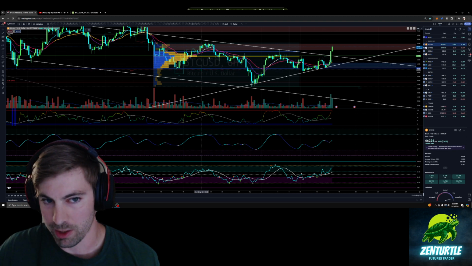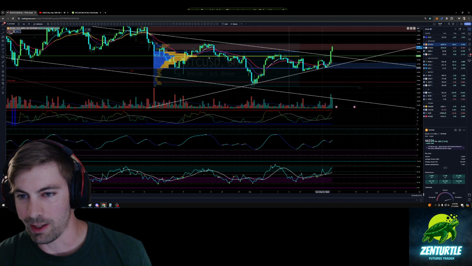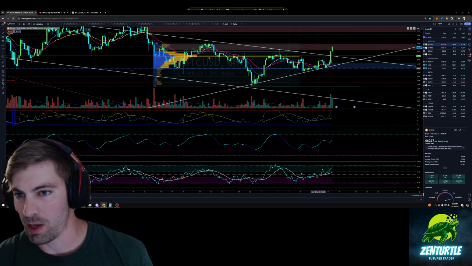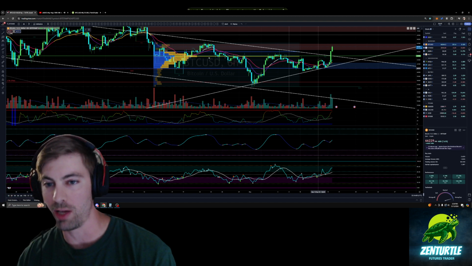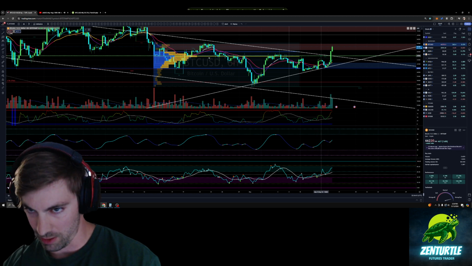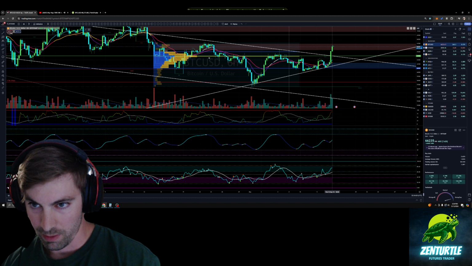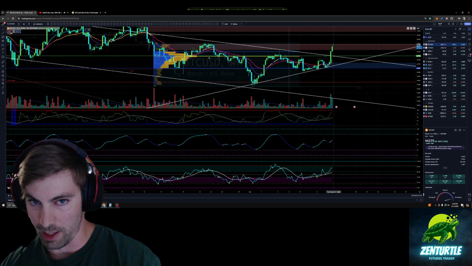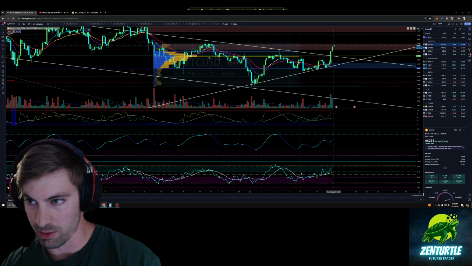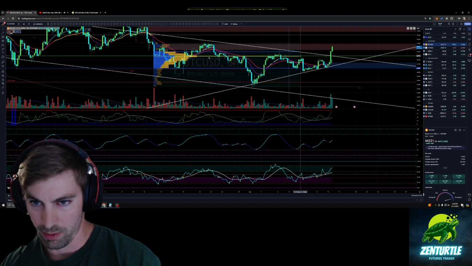This value low here, as you can see, and I figured probabilistically it's more likely to go and test that POC at least maybe. So that's what I was thinking, and sure enough, it did that, and I had a take profit area above the value area high, around 66,000 or so. I took profit just a hair below that, around 65.9 or so. I believe. I'll have to check again.